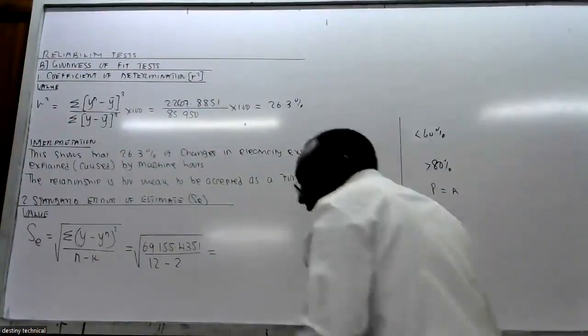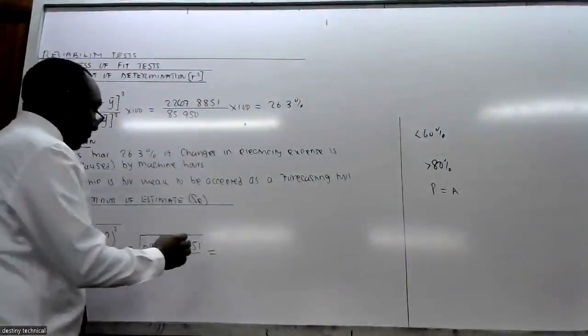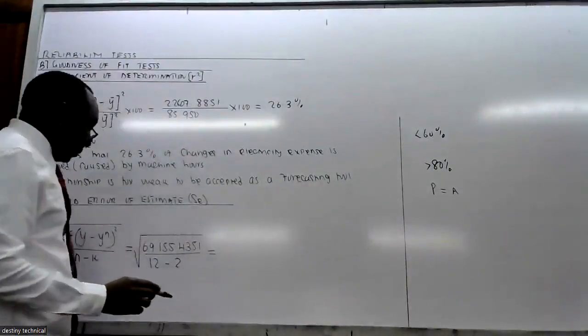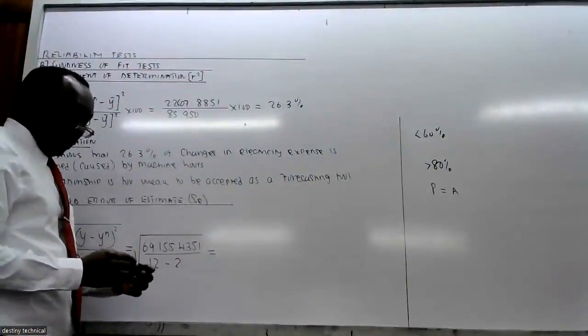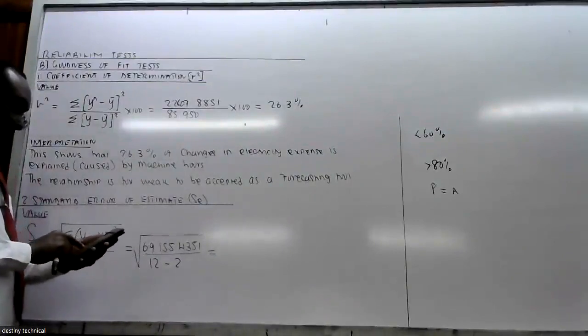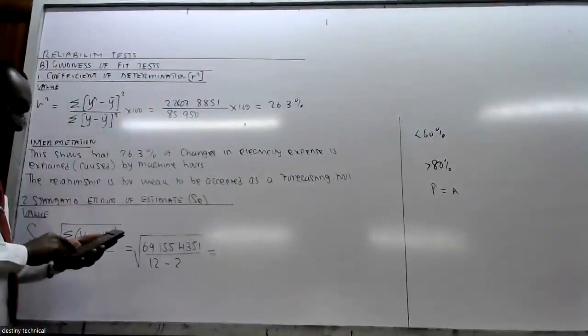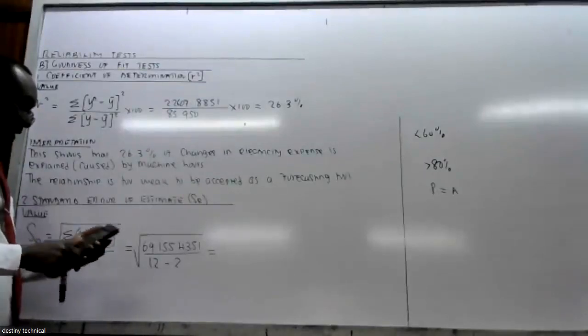The answer? 6,915.543. Even after getting the square root? It should be, yeah. 69,155.4351 divided by 10 is 6,915. Get the square root of that answer.